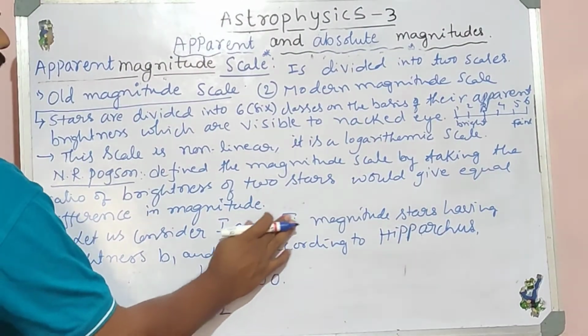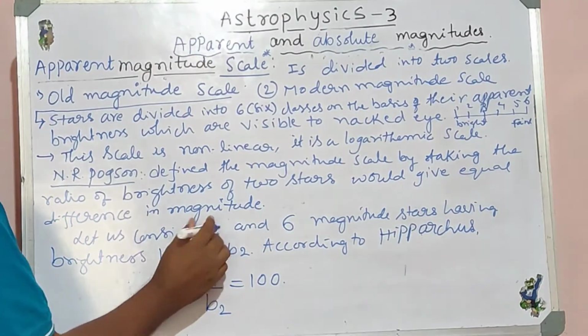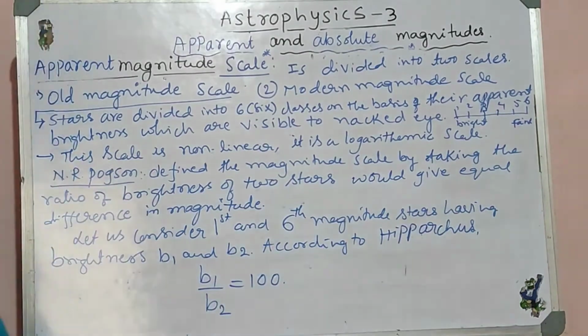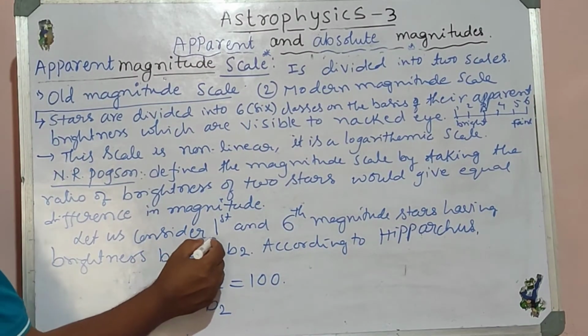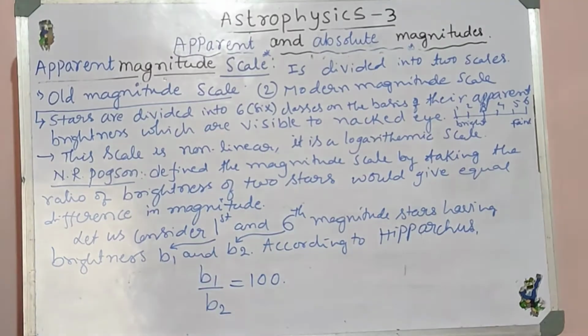Therefore, here I am taking the sixth magnitude and the first magnitude. The first magnitude star has the brightness B1 and the sixth magnitude star has the brightness B2.